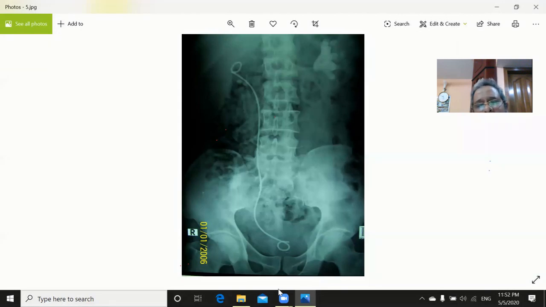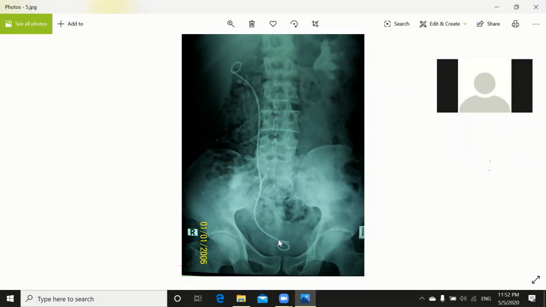After 3 weeks, whenever the patient comes to my chamber, I just hold the thread and pull it out. Finished. But if there is no thread, then we need to remove it by introducing the cystoscope. Introduce the endoscope through the urethra to the bladder, look at the stent, hold it with the forceps and remove it. So this is the removal technique.